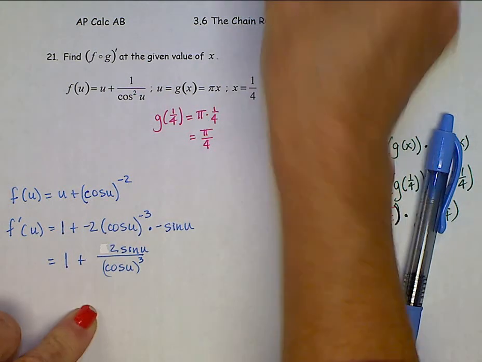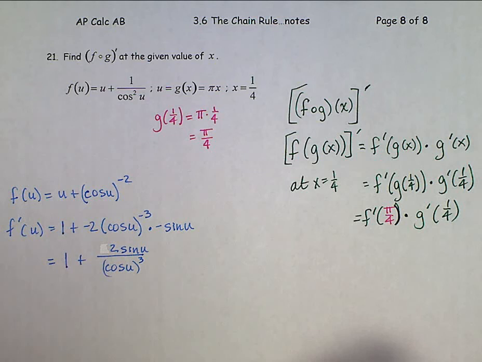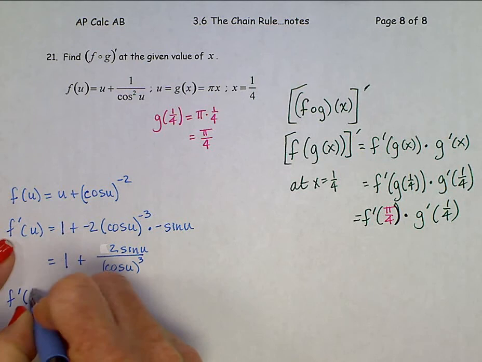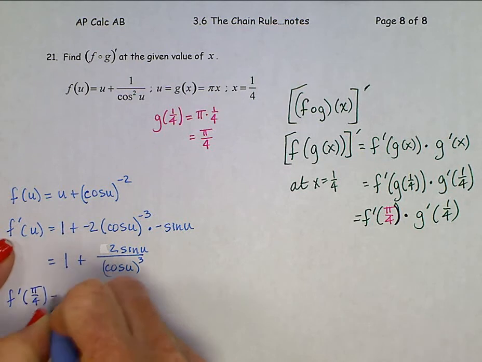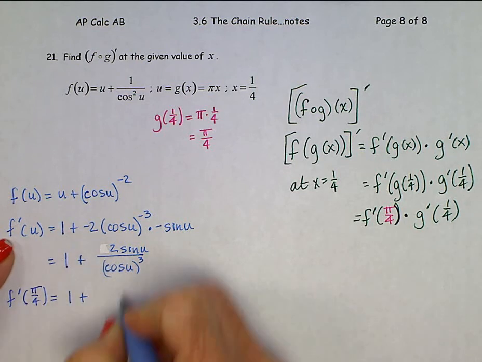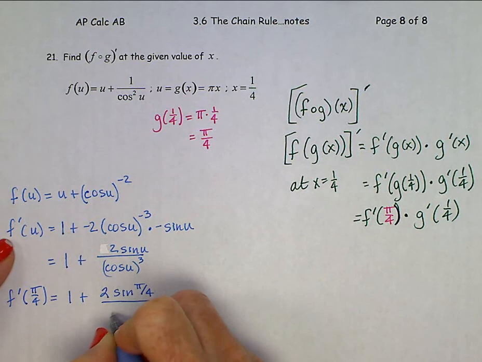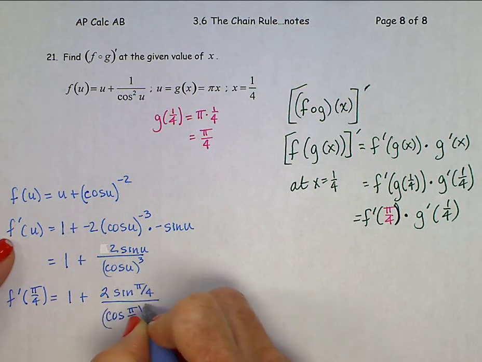So we have that 2 sine u over cosine u cubed. Now let's find f prime at pi over 4. 1 plus 2 sine pi over 4 over cosine pi over 4 cubed.